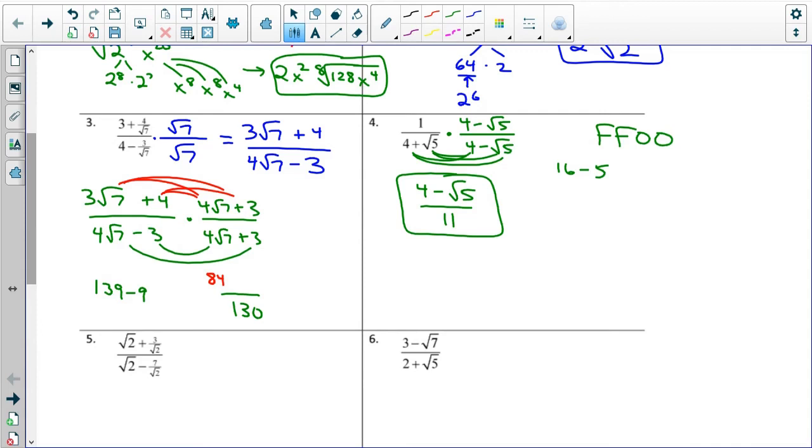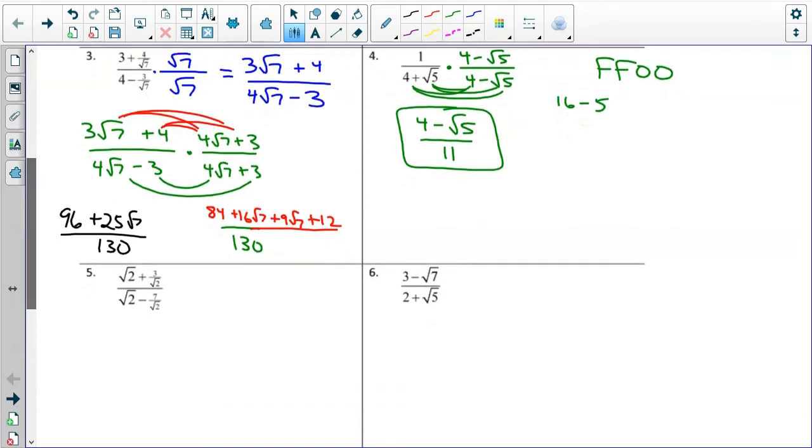And then I have plus 16 root 7 plus 9 root 7 plus 12. So my final answer for this problem, I'll write it down in the bottom corner, is going to be 96 plus 25 root 7 all over 130.